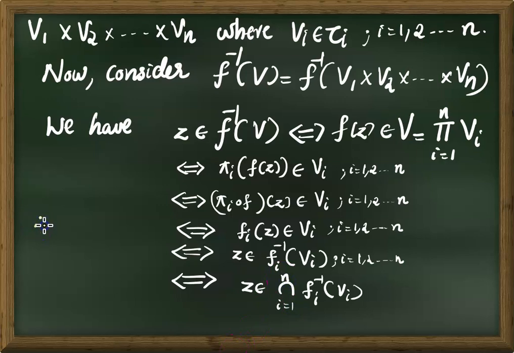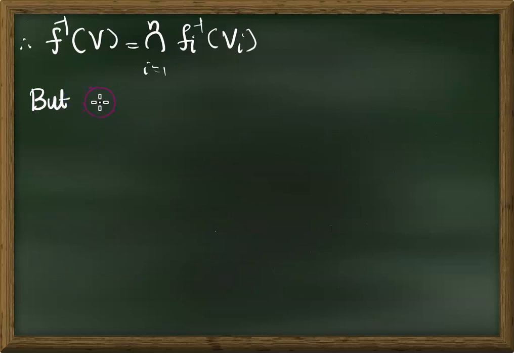Thus, we have obtained the relation f inverse of V is equal to the intersection over i varying from 1 to n of f_i inverse of V_i. But here on the right hand side, we have sets of the form f_i inverse of V_i, and we know that each f_i is continuous and each V_i is open in the respective spaces.